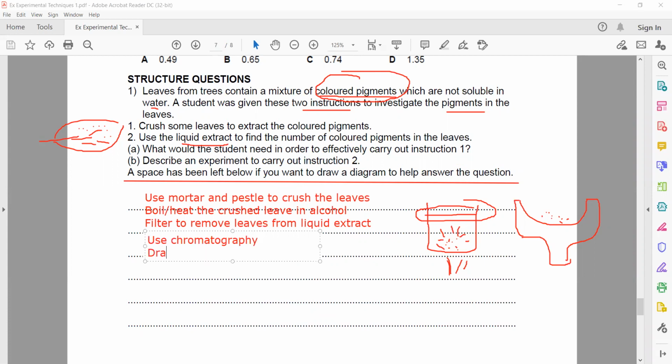Draw the origin with pencil, apply the extract on the origin with the help of a dropper. And it is better you mention many operators in your explanation so that it shows that you understand the concept.